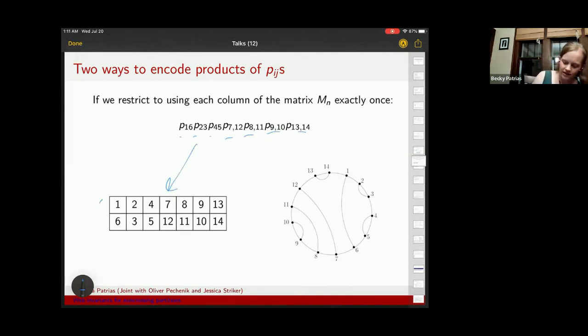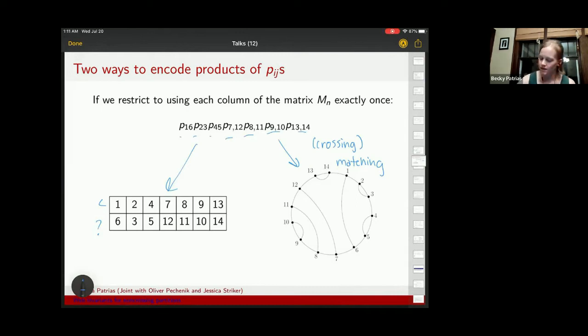I have a strictly increasing first row, and of course, an uncontrollable second row. And my diagram now is going to be a matching since I'm using each index exactly once. It's going to be potentially crossing. This example is non-crossing, but a potentially crossing matching.